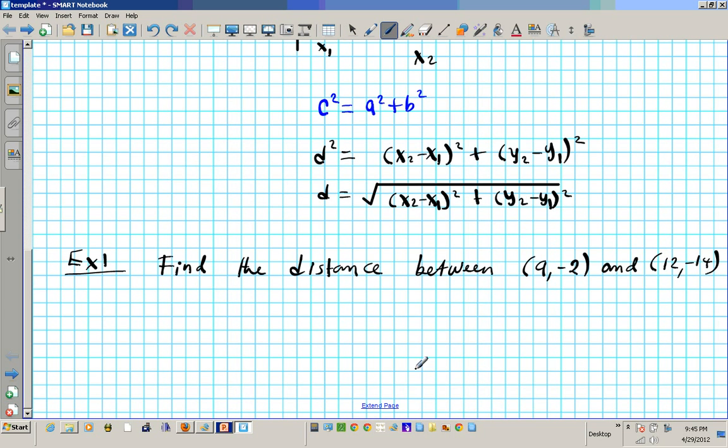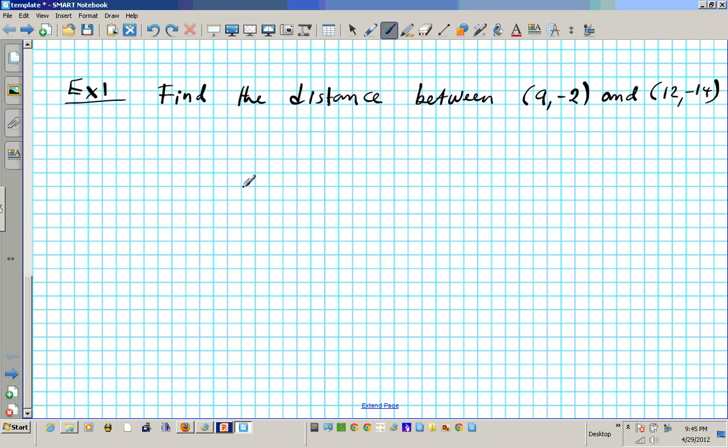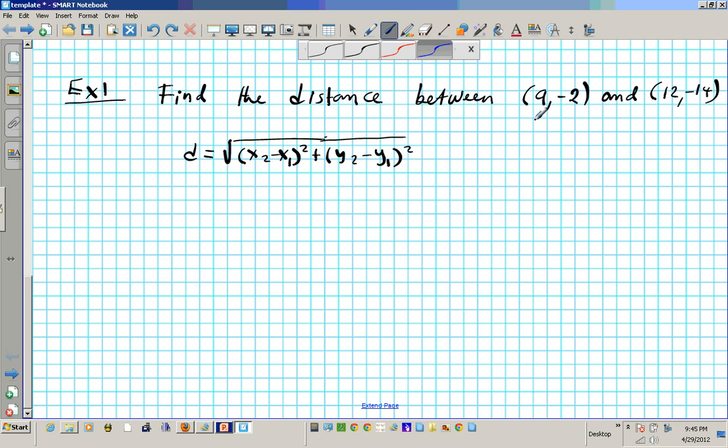Now to find the distance, we're going to be using the distance formula here. So the distance formula, again, d is the square root of x2 minus x1 squared plus y2 minus y1 squared. Okay? So in order to avoid making mistakes when I'm substituting, I'm going to label my points x1, y1, and then x2, y2.